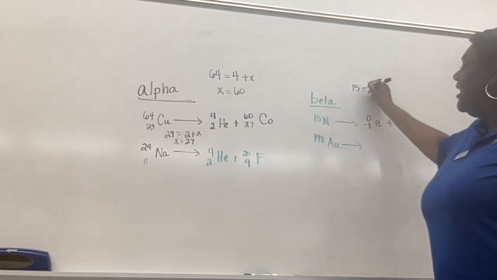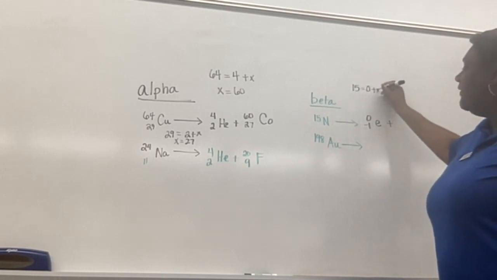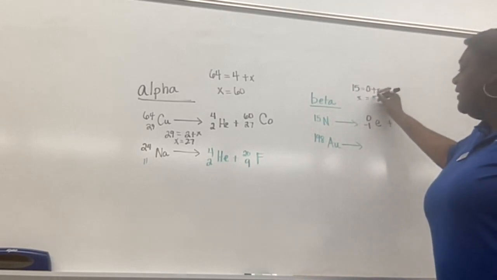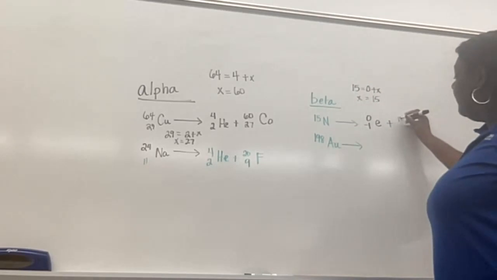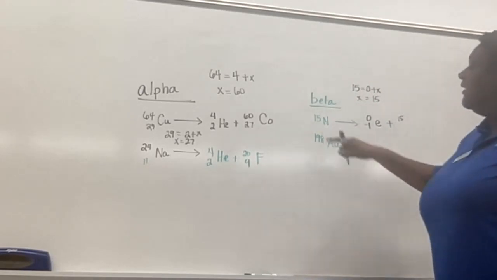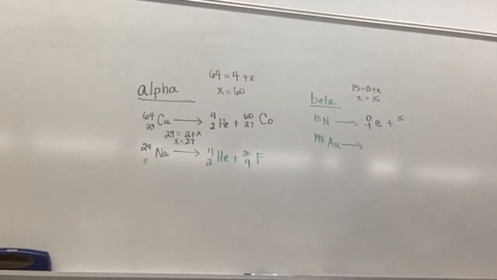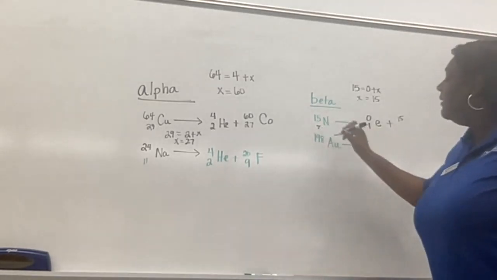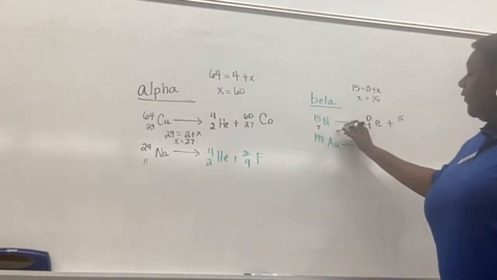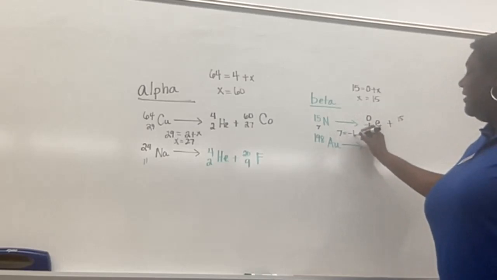So what we're going to do is we're going to do the math. We've got 15 equals 0 plus x. So we know that x equals 15. So 15 goes on the top. The atomic number for nitrogen is 7. So the equation for the bottom would be 7 equals negative 1 plus x.